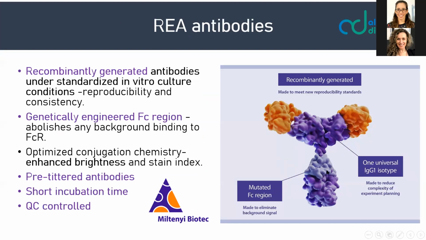So you do not have to perform any blocking of your Fc receptors. And one additional thing is that you need only one universal IgG1 isotype control that is conjugated to the dye of interest. And of course, they are pre-titered.